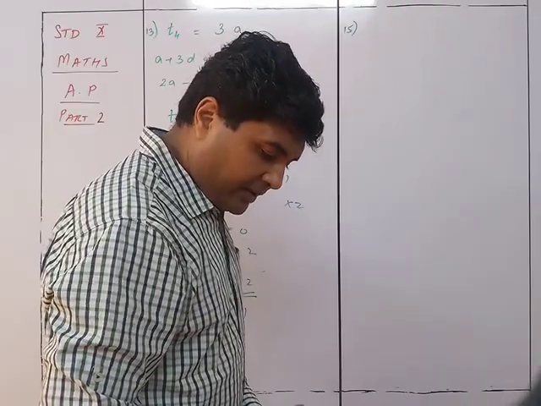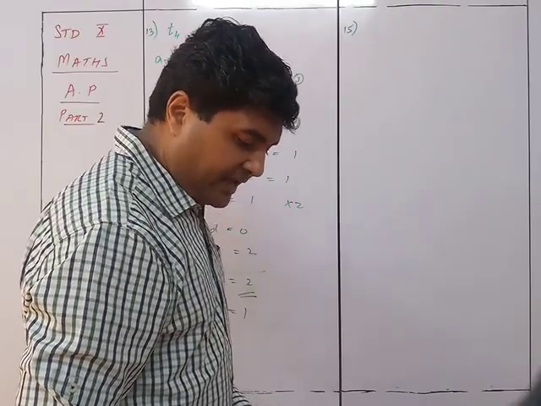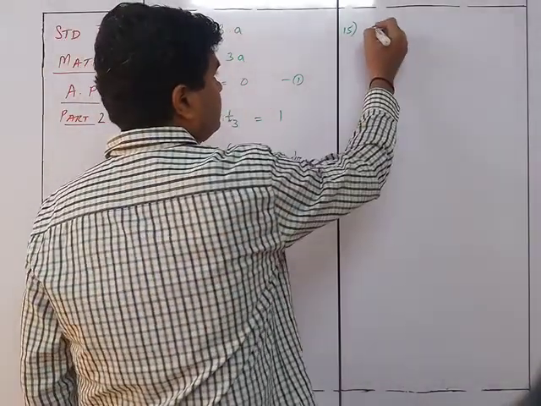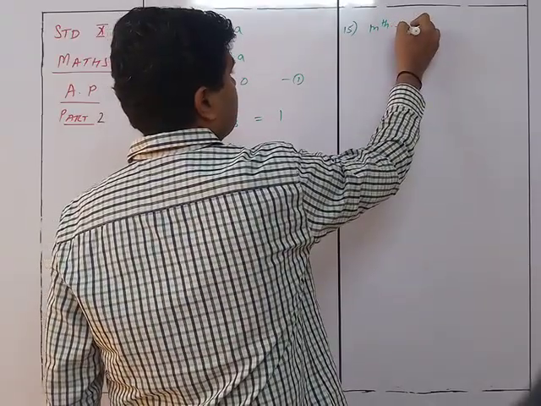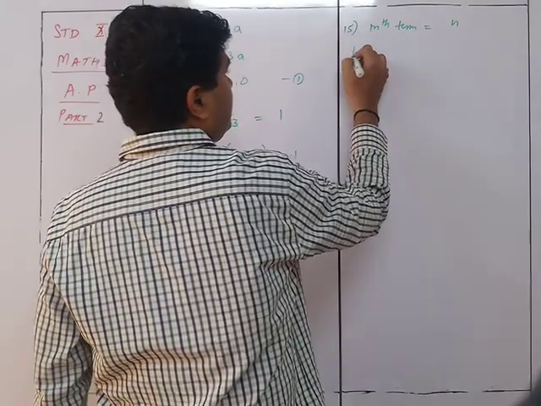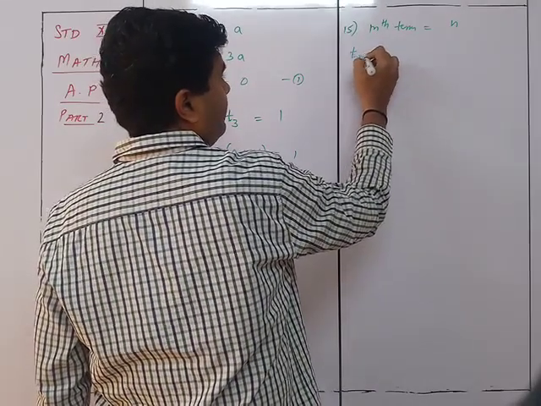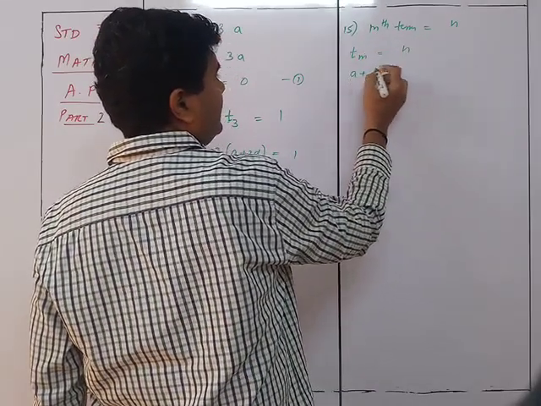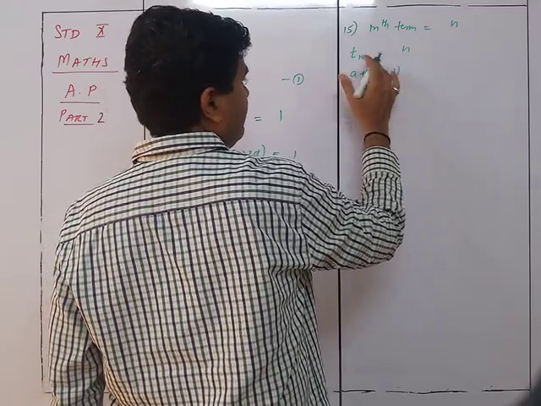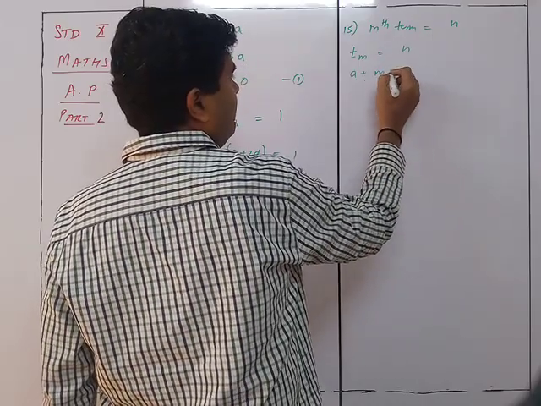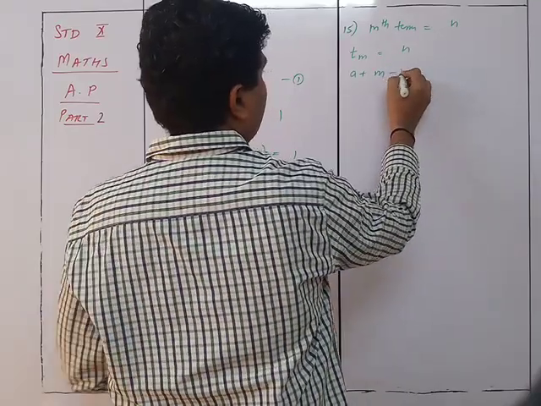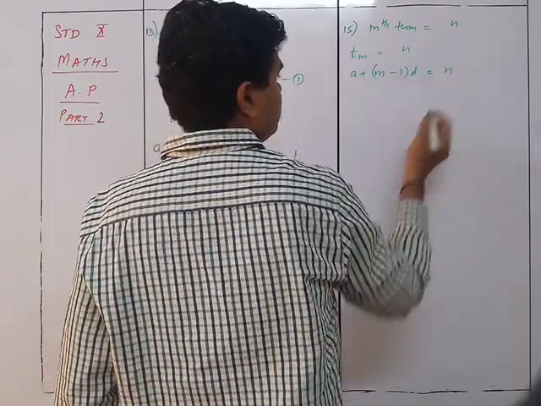If an AP's Mth term is n and nth term is m, show that the rth term is m plus n minus r. So the Mth term is equal to n, so Tm is equal to n, that is A plus (m minus 1) into D is equal to n.